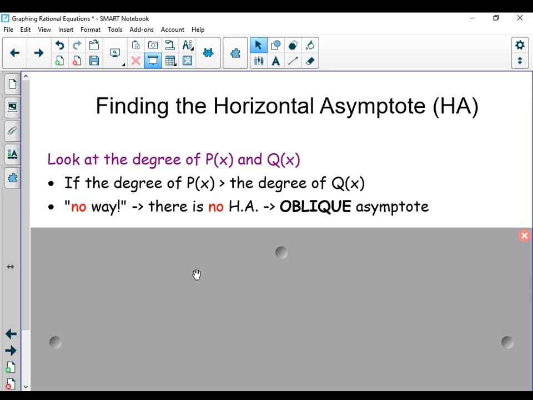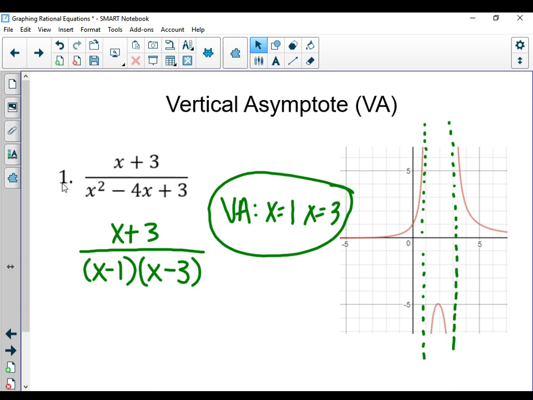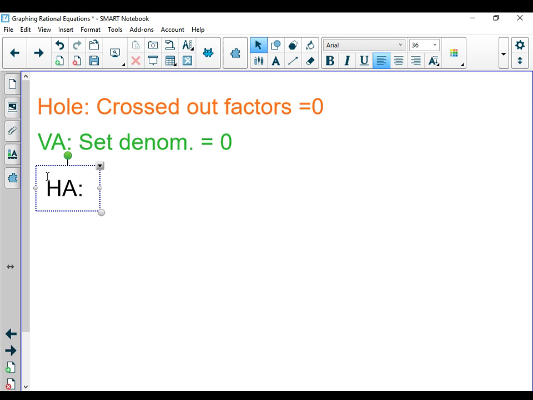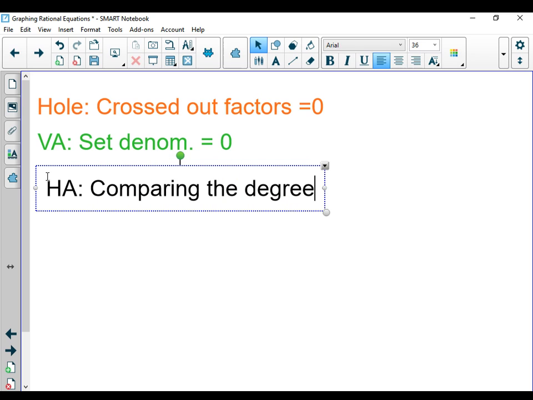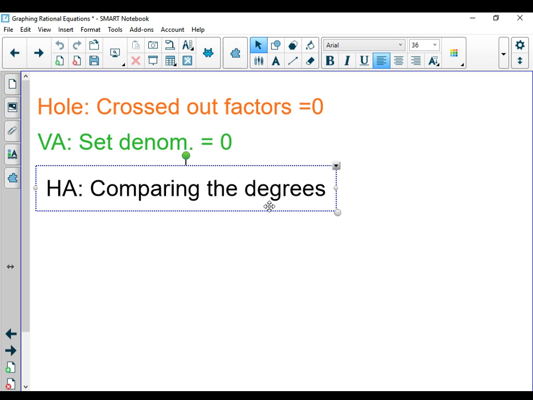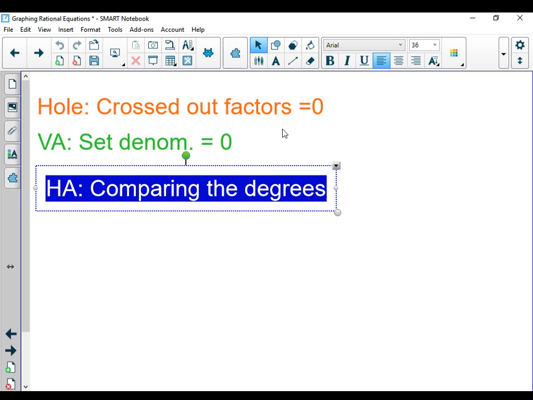What I do want to look at is some basic words that are going to help me remember this. What I mean by that is we're looking at the degrees. So back on that one cheater, horizontal asymptotes, I am comparing the degrees.